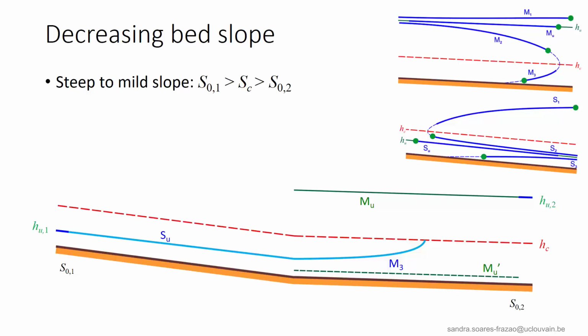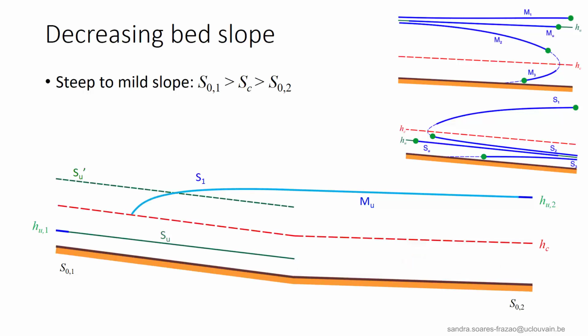If we calculate the M3 profile from HU1 as we have done in the previous case, we observe that it does not cross the MU prime curve because it starts from a depth that is above MU prime. This means that a hydraulic jump in the downstream reach is impossible in this case.